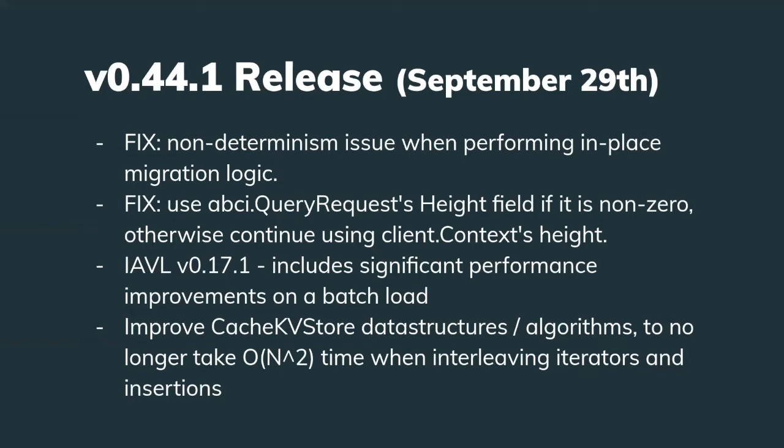So again, if you are planning to do an upgrade to 0.44 and you are running 0.42, then use 0.44.1. If you already upgraded to 0.43, then you are not subject to that issue. It's only when you upgrade from 0.42 to 0.44.